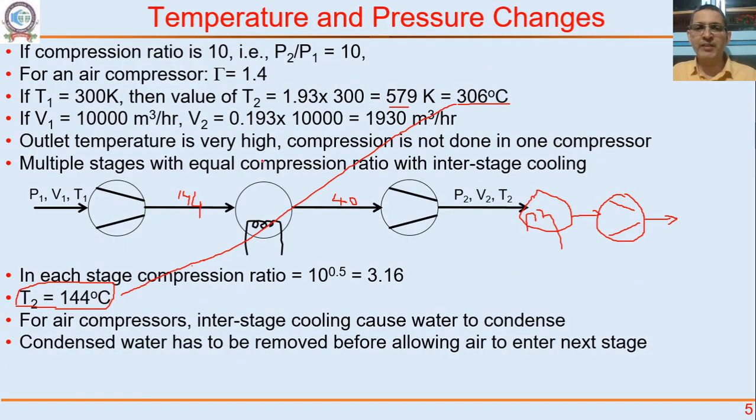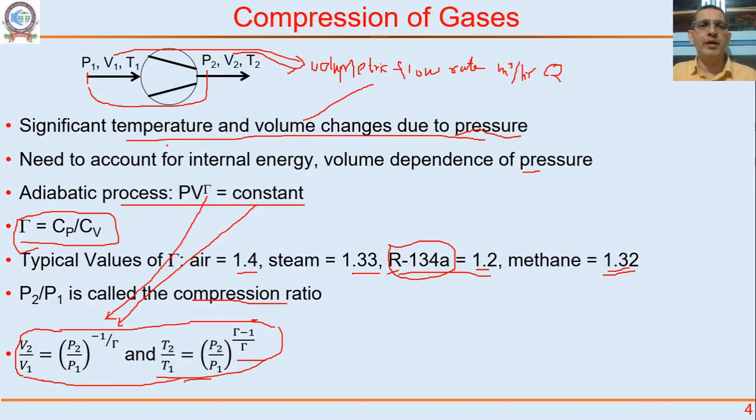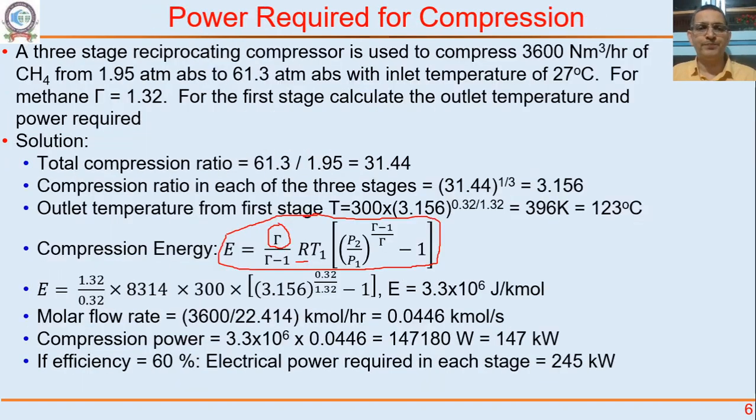You might not have got gamma here if you are doing a batch process like in your 11th standard, 12th standard. But this gamma comes when you start talking about a continuous process, a flow compressor like a centrifugal compressor or a screw compressor. So P2 by P1, that's the compression ratio, raised to gamma minus 1 by gamma, minus 1.